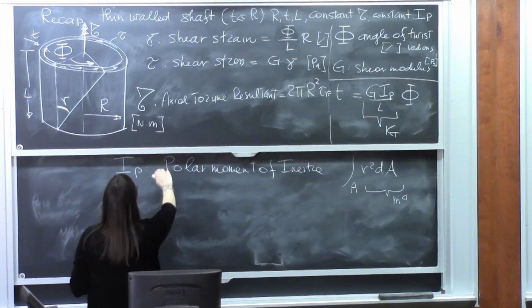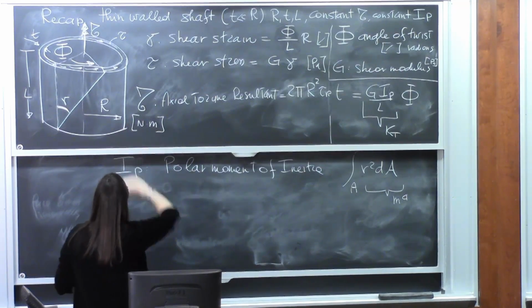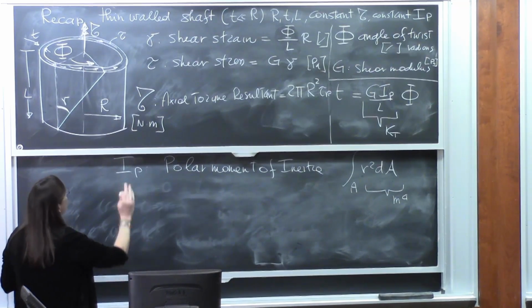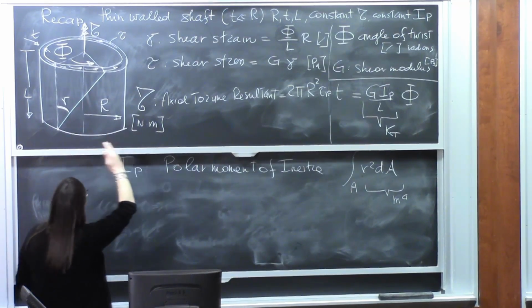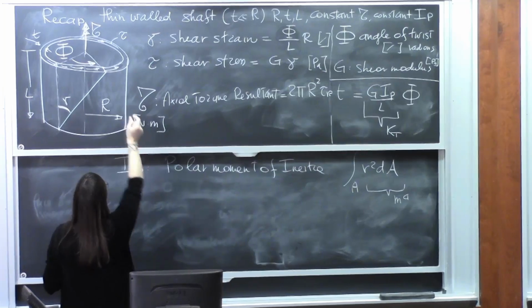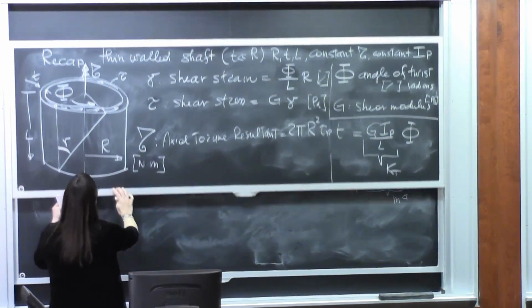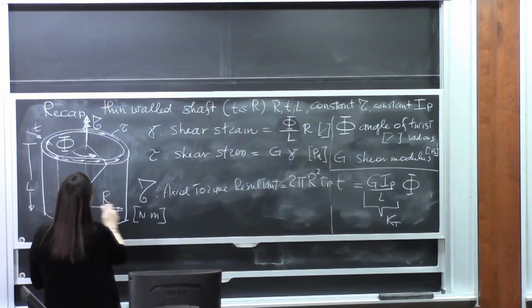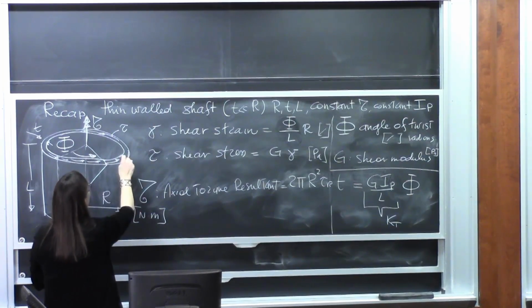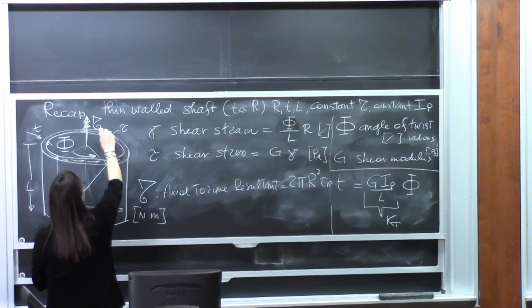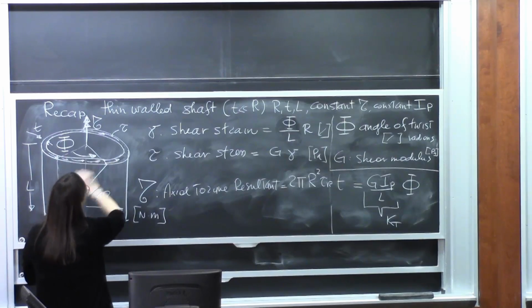The case that we discussed on Thursday was the special case of a thin wall shaft with thickness t. By defining the radius of the thin wall shaft, I'm telling you the radius for all this area, approximately.